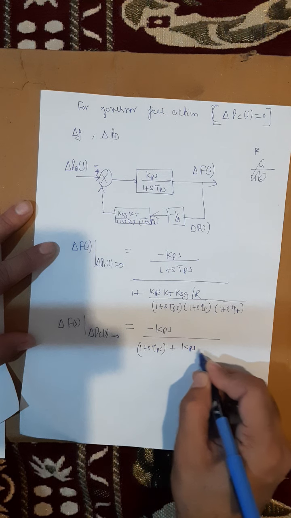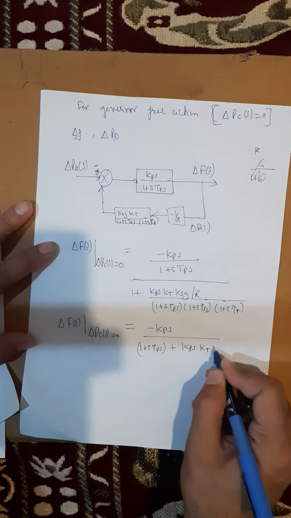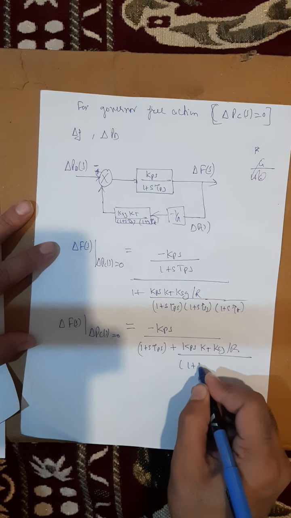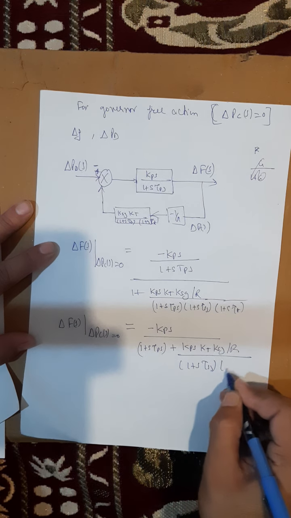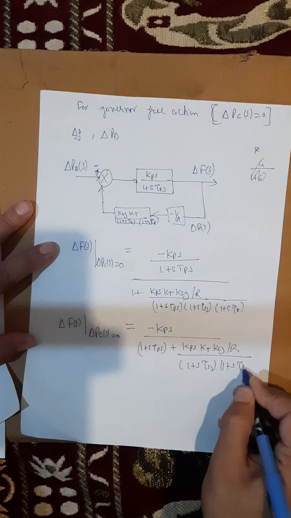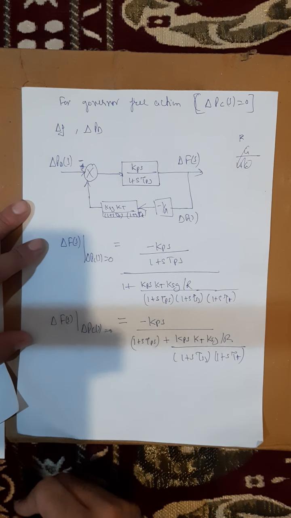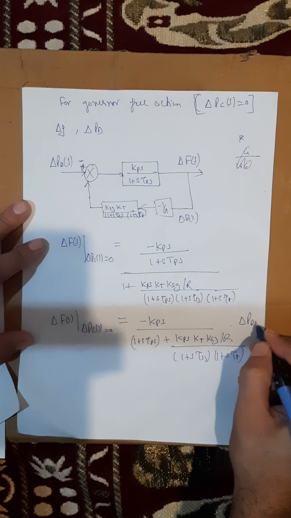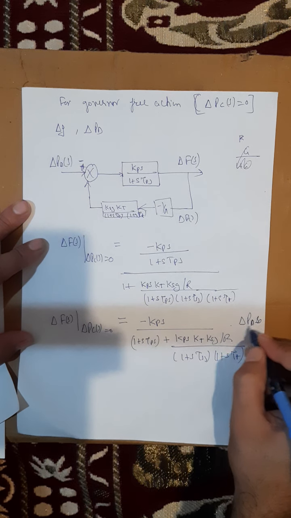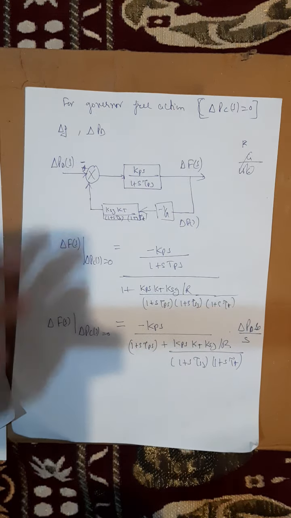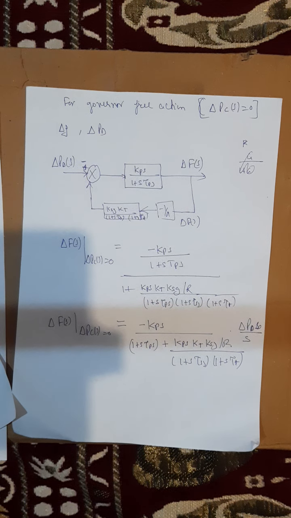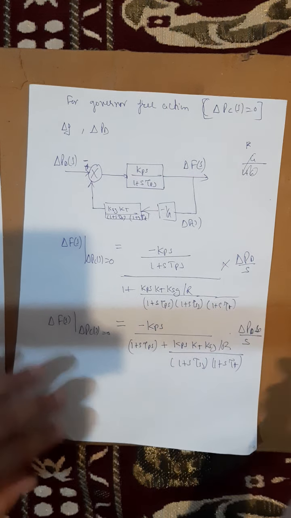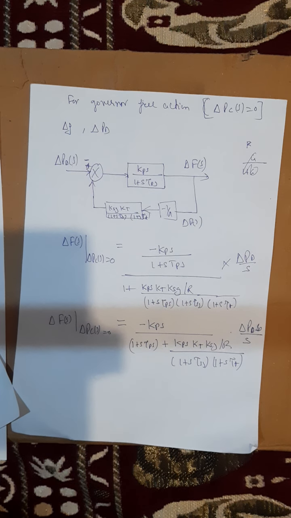I am left with KPS KT into KSG by R divided by 1 plus s TSG into 1 plus s TT, multiplied by delta PD by s.